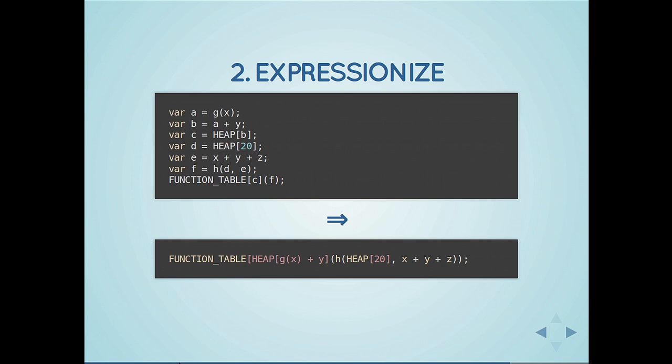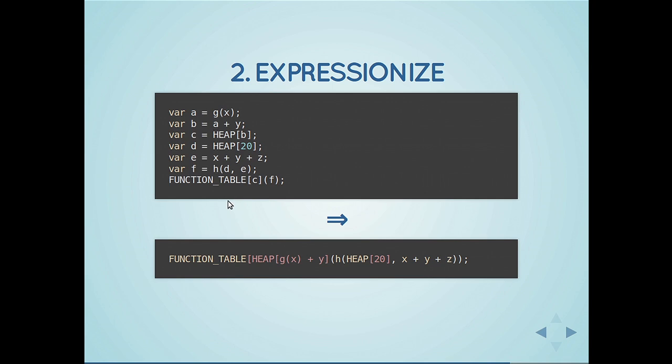The second is the expressionize pass. Sorry about the name, I'm not great at naming stuff. Imagine we have this code here. The variable a receives g of x, and a is used right here, but a is only used once, so it's not used anywhere later. So we can just move this g of x into here and get rid of the variable a.